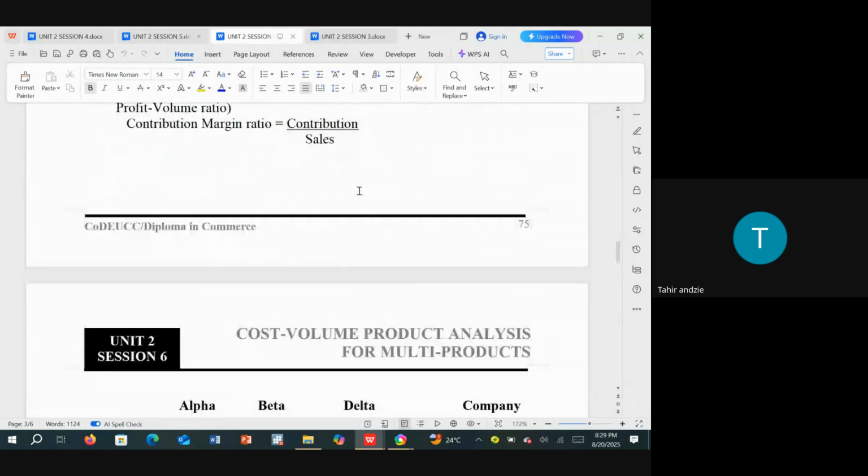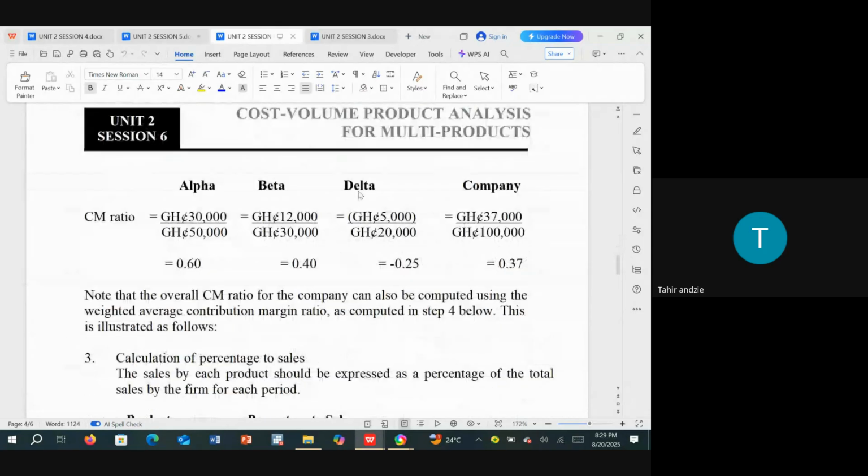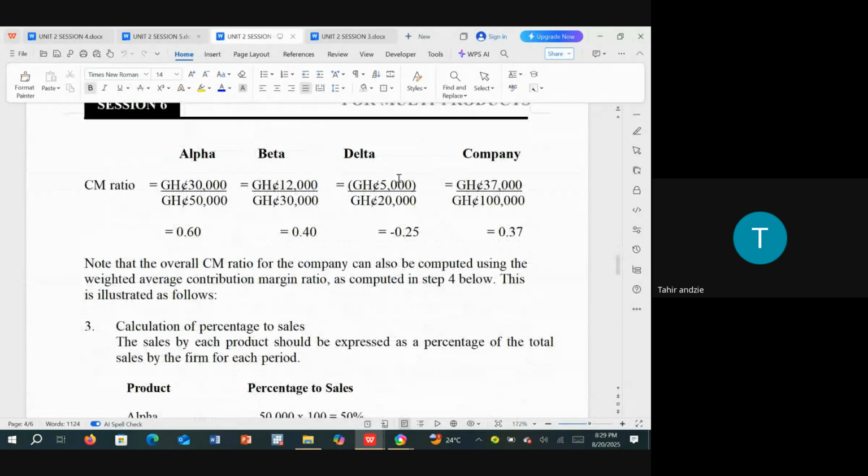Okay, so we have the various contribution divided by the sales revenue. And so you have the contribution margin ratio. Leave them in decimals. Don't multiply by 100. So now, if you look at it, when you add them, you get this one.